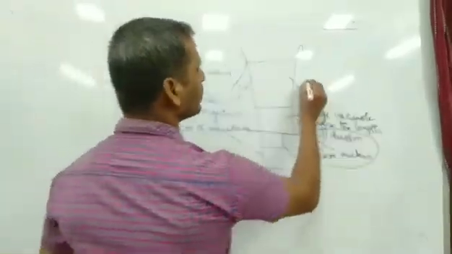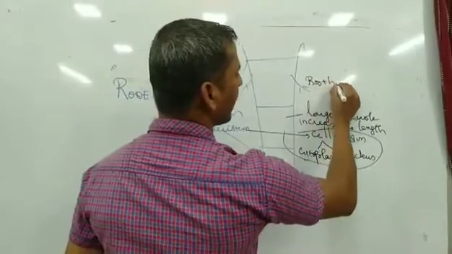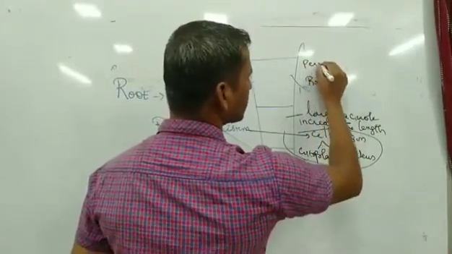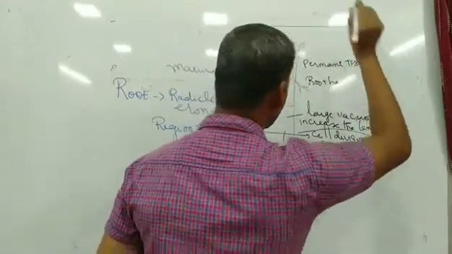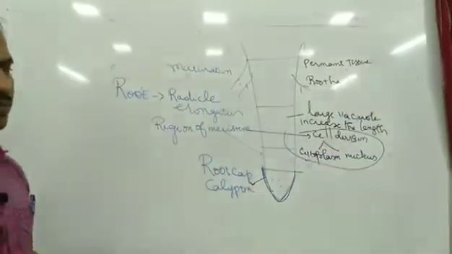And here we have root hairs, maturation, and permanent tissues which start to be present over here. This is the region which is present in the root.